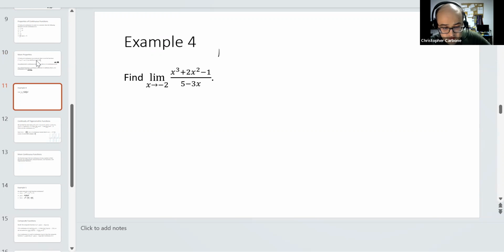This is a rational function, so its domain would be the values of x such that x cannot be 5/3, because if it was, that denominator would be 0, and that's not good. -2 is not 5/3, so we can just plug this in.